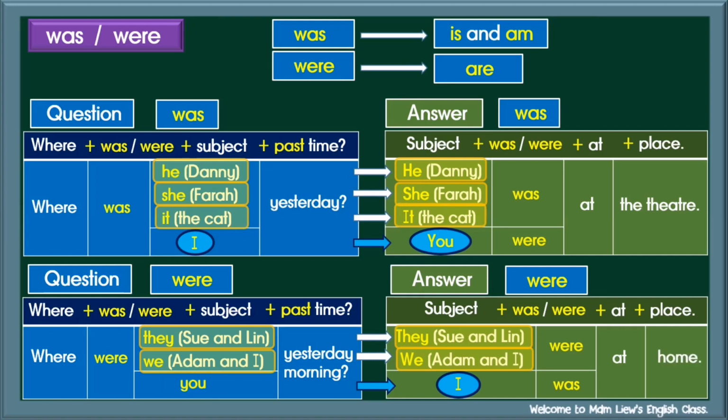If you here refers to more than one you, then you need to use we to answer your question. We were at home. Question: where were you yesterday morning? Answer: I was at home, or we were at home.